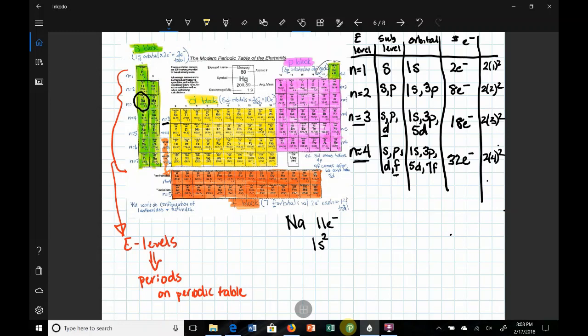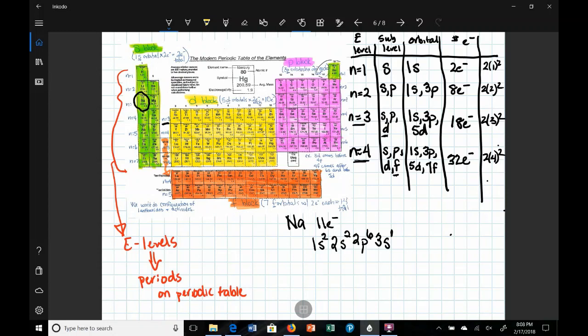Moving down the periodic table, we have 2 electrons in the 2s sublevel. As we move across, we have 6 electrons in the 2p sublevel, followed by 1 electron in the 3s sublevel.